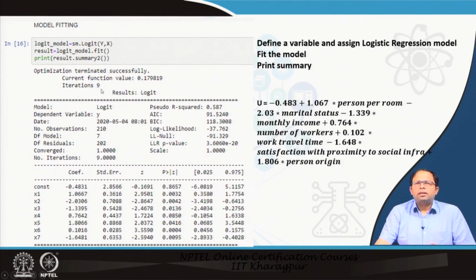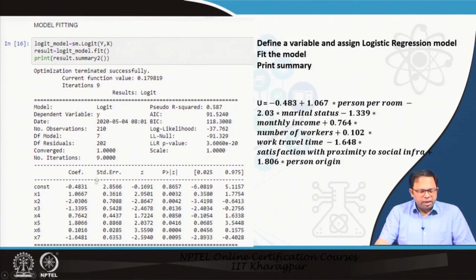Basically this is a log likelihood maximization function, and based on that the iterations take place, and we find these final values, where you can see the coefficients given for all the variables x1, x2 to x7 and so on, and we have the standard error and the significance values and so on.